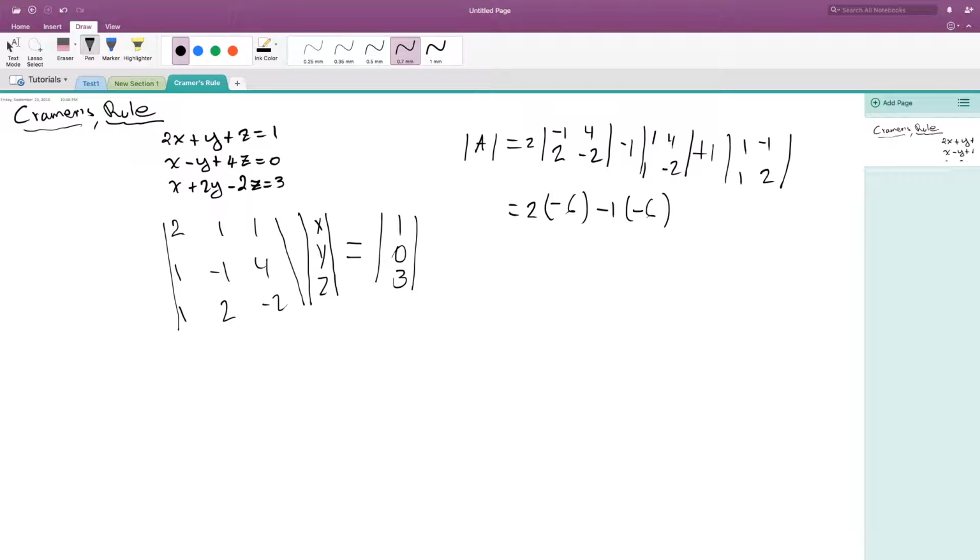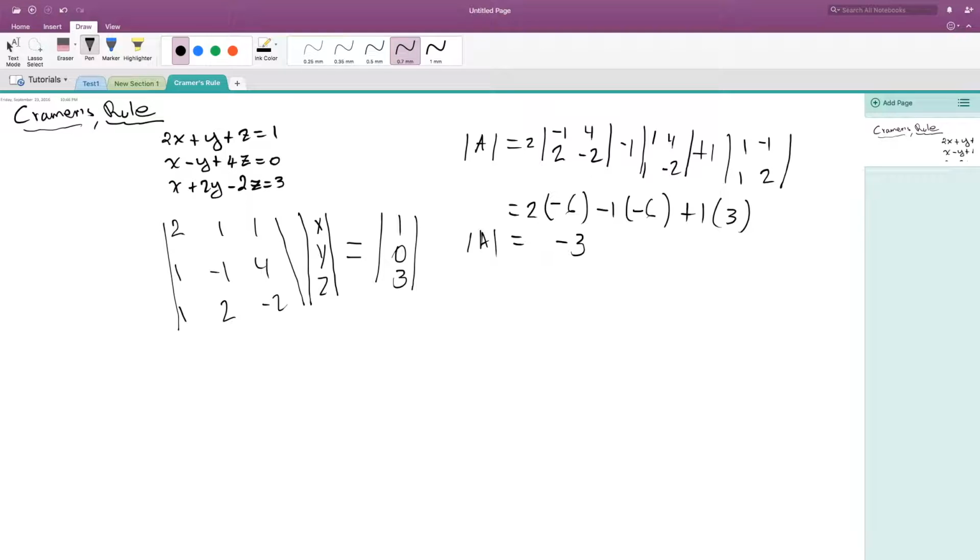Plus 1: 1 times 2 is 2, 1 times -1 is -1, so 2 minus -1 is 3. All that becomes -3, which is the determinant of the coefficient matrix.